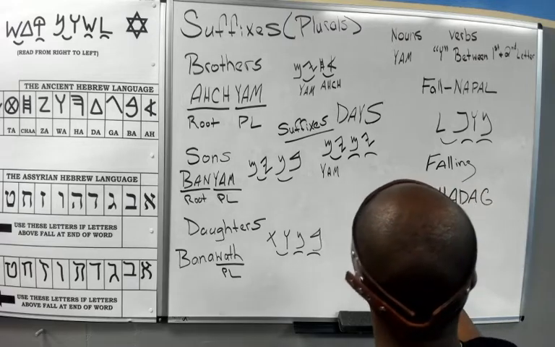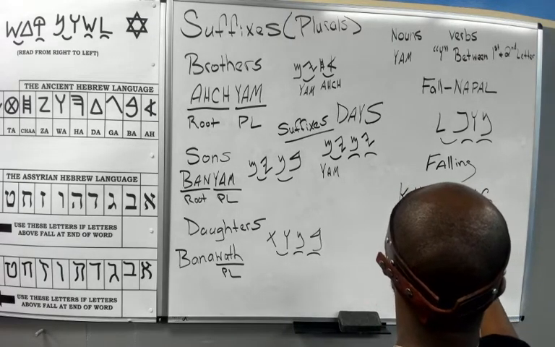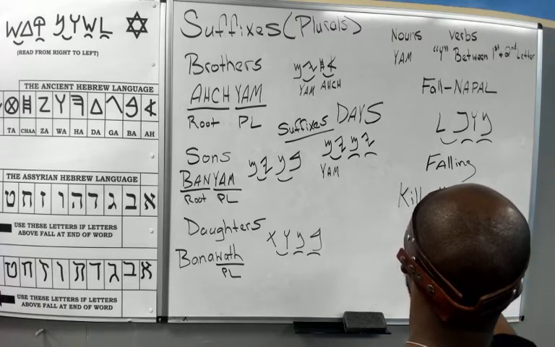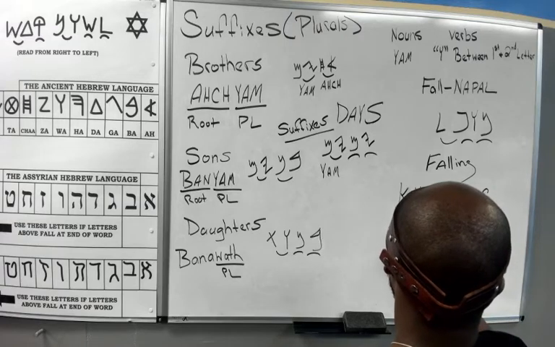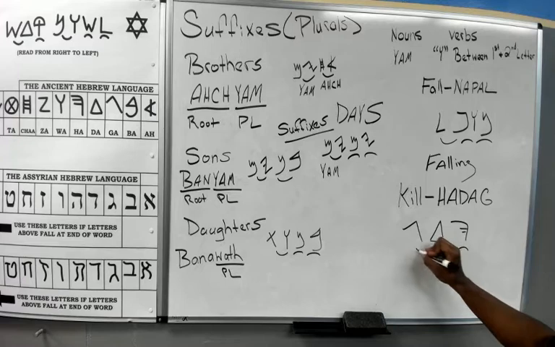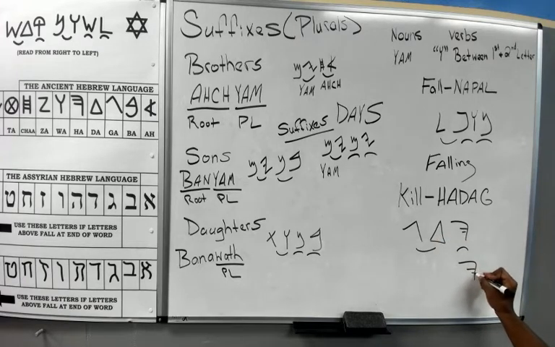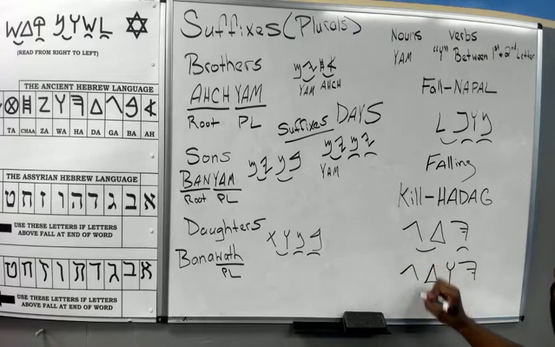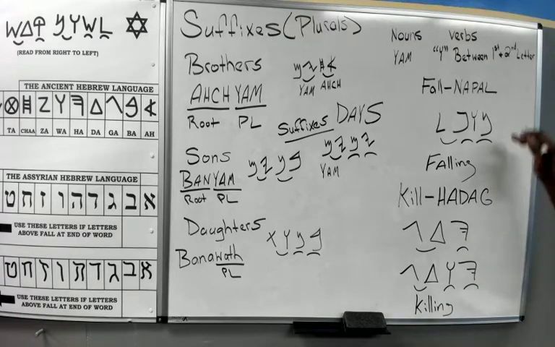If you want to go from kill to killing, you just simply add the wa in between the first and second letter, and it would be hawadah, which would be killing.